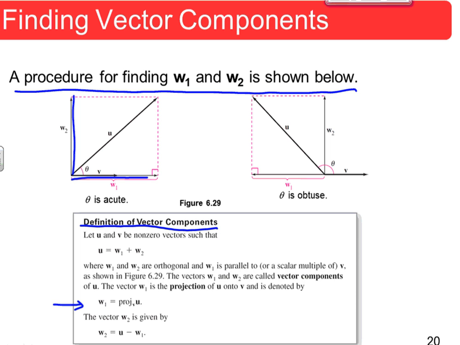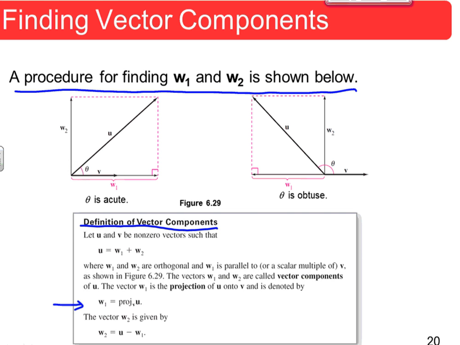How are these two vectors related? It should be 0 because they're orthogonal. W2 and V are orthogonal, and here they are here as well, still orthogonal. So their dot product should equal 0.